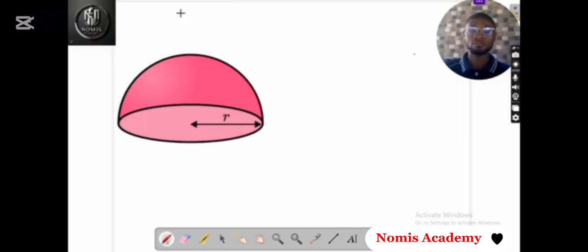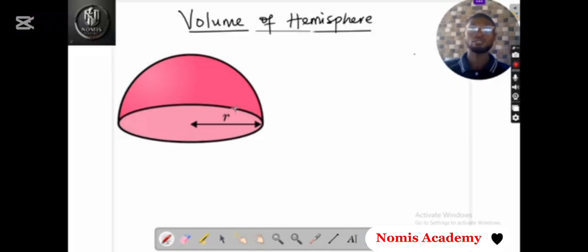Volume of hemisphere. Yes, you're correct. Hemisphere is simply half of a sphere. So recall the formula to calculate the volume of a sphere.